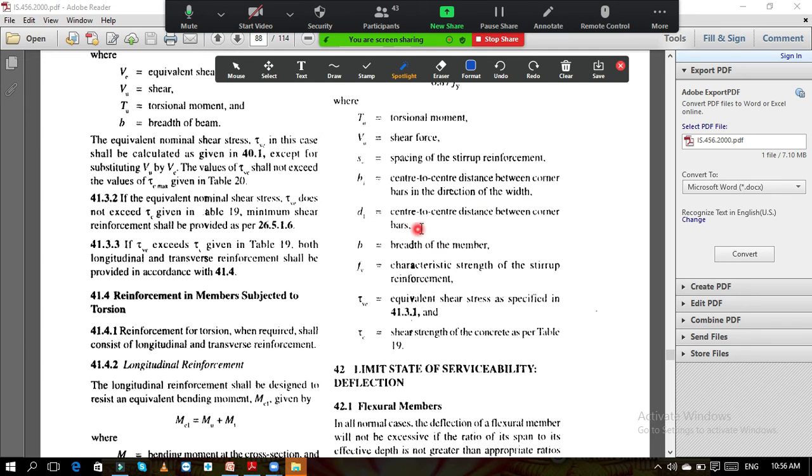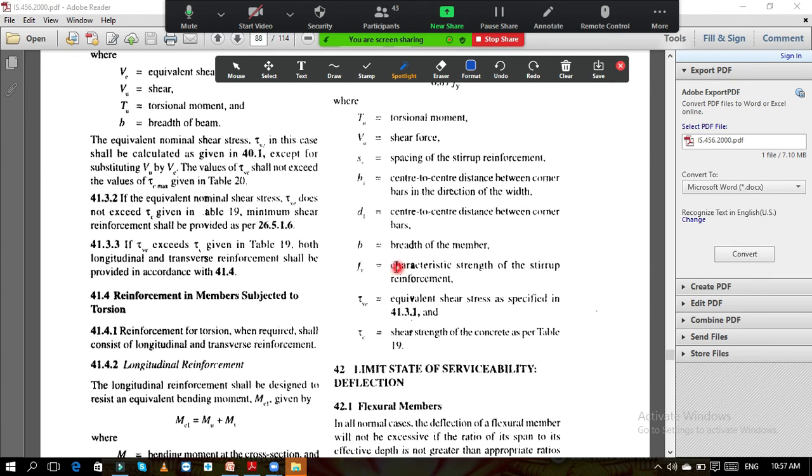D1 is the center to center distance between corner bars in the direction of depth. So B1 we are going to measure horizontally, D1 we are going to measure vertically.